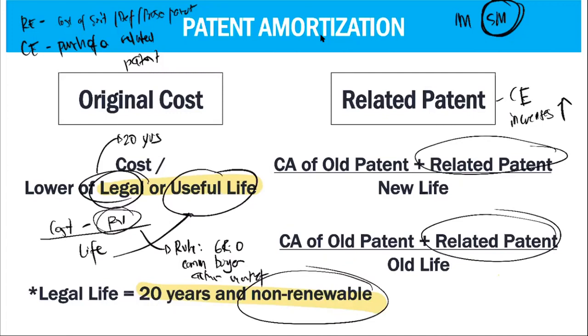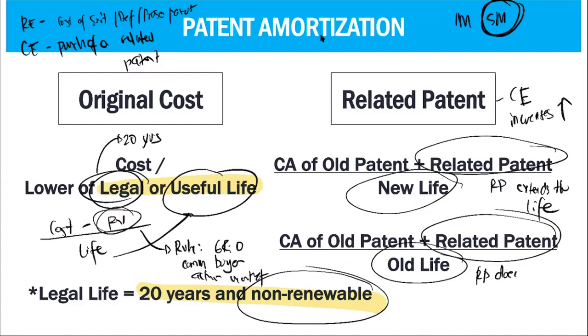Okay. So when do we divide it on your new life or on your old life? We divide it on your new life if ever the related patent extends the life of the patent, and old life if ever the related patent does not extend the life of the patent.